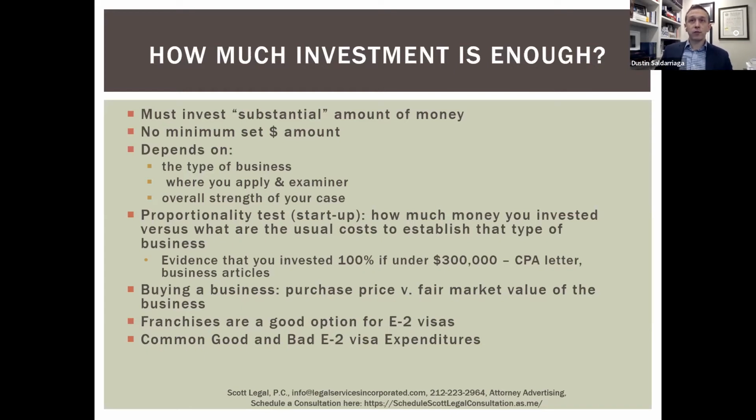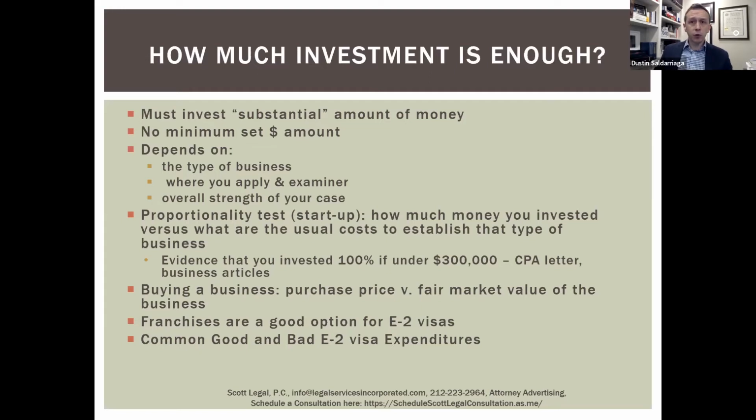Part of that reason is franchises tend to define how much the business costs to set it up. So they'll say, typically to start our franchise, it costs $100,000. And if you can show in the agreement that you've spent the amount that's usually required for that franchise, that's compelling evidence that you've invested a substantial amount of money.